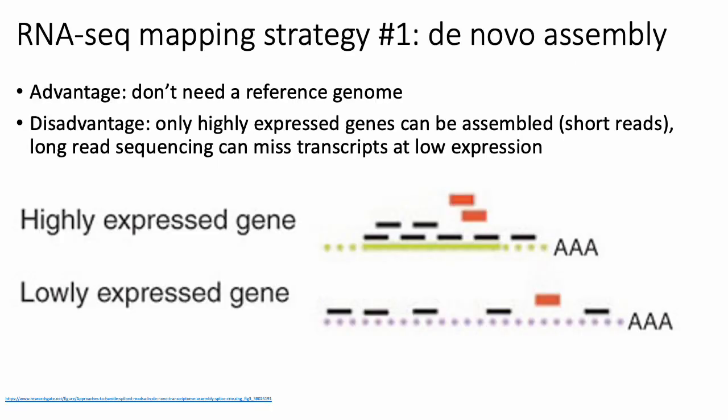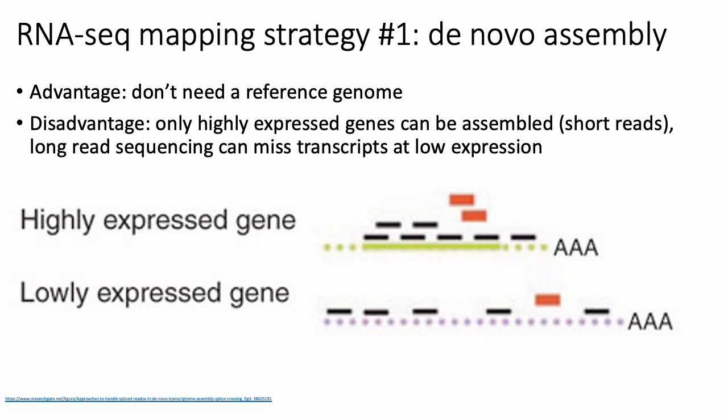So I mentioned on the previous slides that one of the steps of the RNA-seq protocol is to map reads from an RNA-seq experiment to the genome or transcriptome in order to identify where the transcript came from. And so there's a few ways to approach this mapping task. So the first approach is basically just to avoid mapping at all and just do what's called de novo assembly.